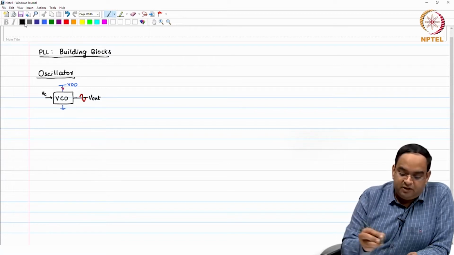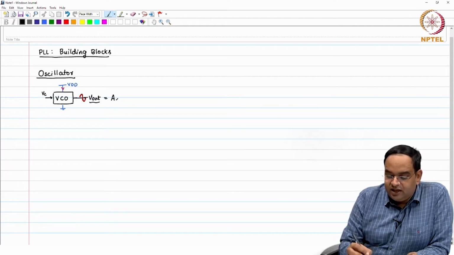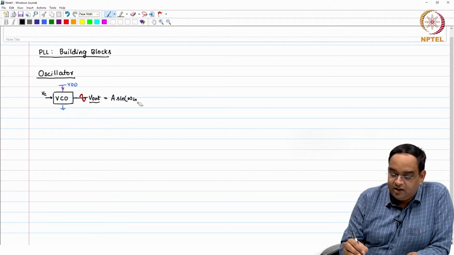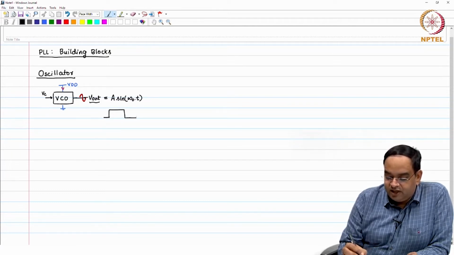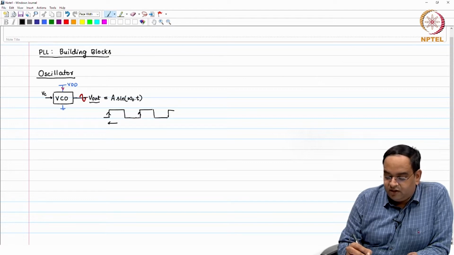Whatever frequency you have at V out, it can be A times sine of omega naught t, or it can be a sine wave or a square wave of the same time period, depending on the kind of oscillator you have. This time period T is equal to 2 pi by omega naught.